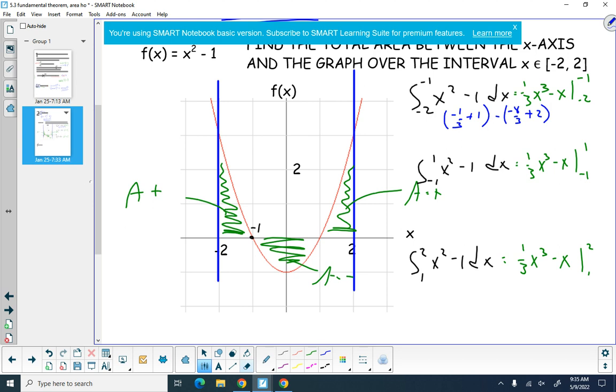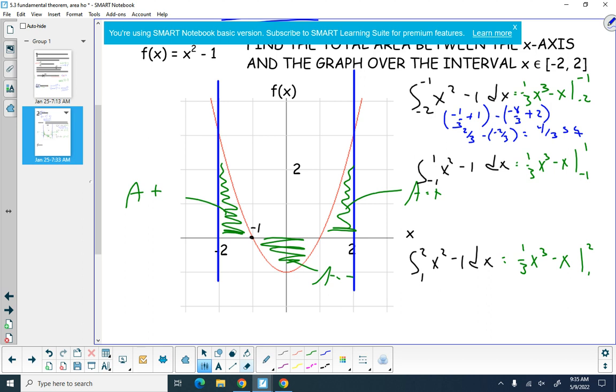And once again, really, this is the toughest part with these, is just dealing with your negatives sometimes. This will give us 2/3. And then we have minus 8/3, which is 2 1/3, plus 2. So we have minus a -2/3 here. So we have a total of 4/3 squares. That's my first area here from -2 to -1.